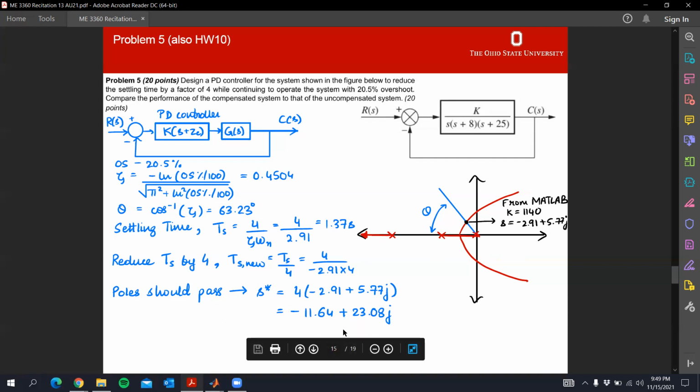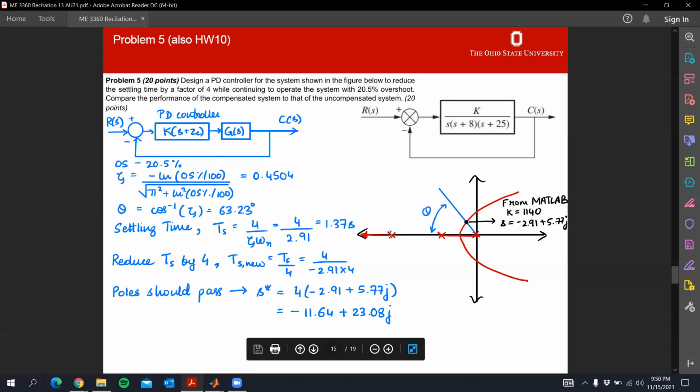And this is what I end up getting. So you can clearly see that this is now a new pole location. We don't know anything about our system yet, but we only know that the root locus of our new system, once we add in our PD controller, should pass through this point in order for us to meet the new settling time criterion.